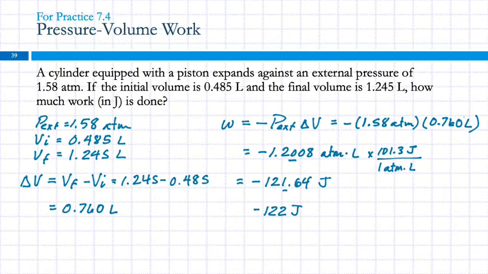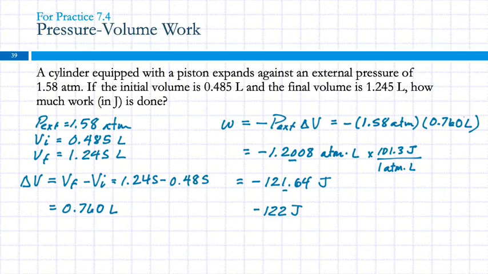If I'm doing this on Mastering Chemistry and I type in negative 122, it's probably going to complain. Because what is the question asking? How much work is done? Like, how much money is spent? Minus $500. Do I need the minus?